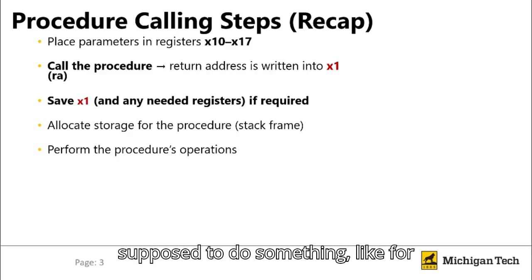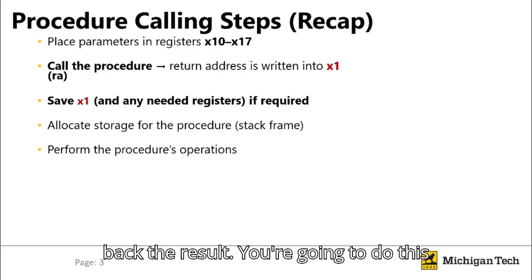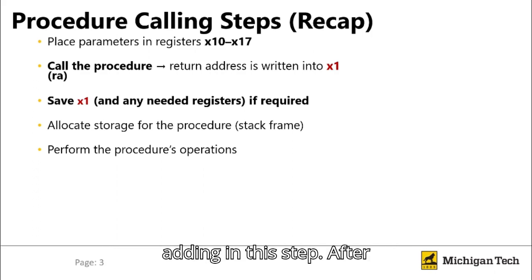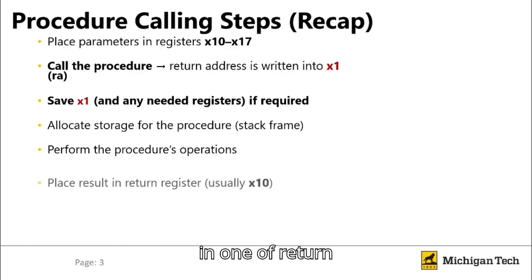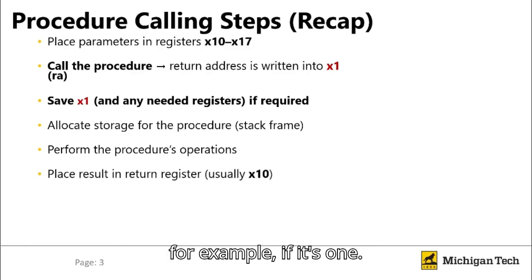In a procedure, it's supposed to do something, like for example, adding something and returning the result. You're going to do this adding in this step. After finishing, you put the result in one of the return registers that I mentioned, x10, for example, if it's one.